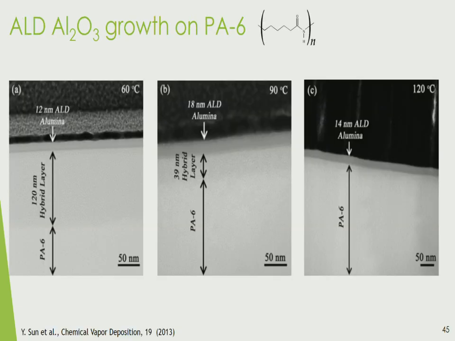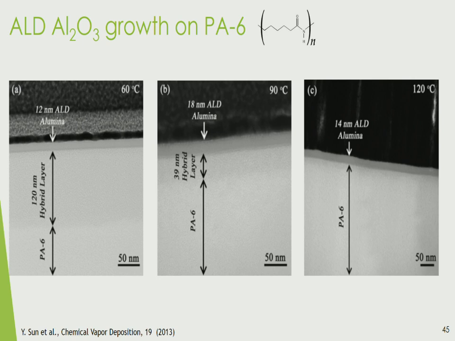But very distinctly, and the resolution on these images aren't all that great in this room, you can see that if you do this on a spun cast nylon 6 material and you deposit alumina on there, you actually get very thick layers of this hybrid material that stretches into the film from the upper surface.